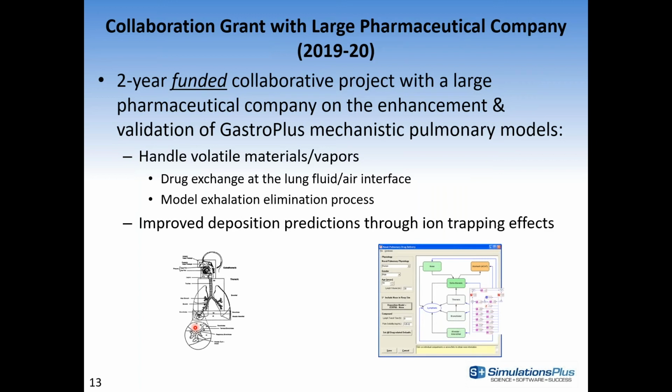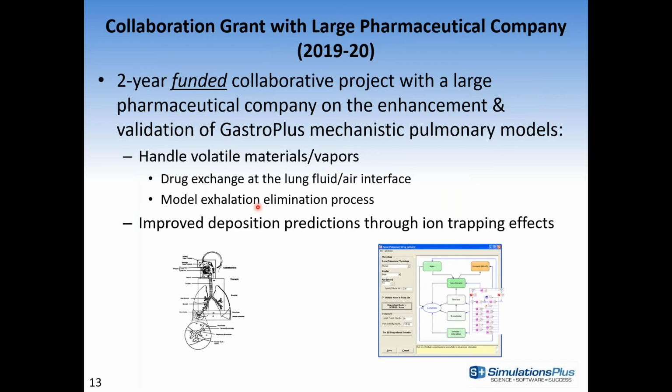The two primary new features that were added as part of this grant are the handling of volatile materials and vapors, which now includes new mechanisms for modeling the exchange of drug or chemicals at the lung fluid air interface, and also modeling exhalation in elimination processes.